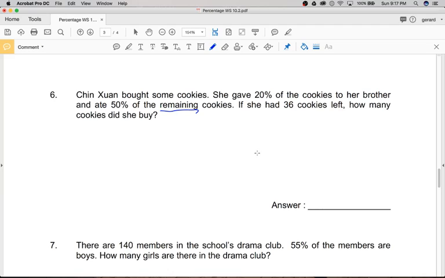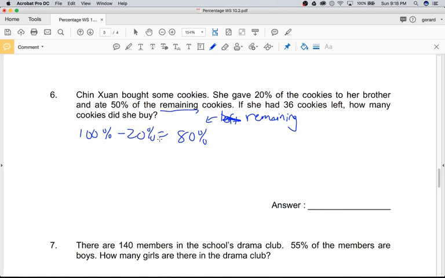So how I'm going to approach this question, I'm going to do it without a model. You've got to follow me closely. First she gave 20% to her brother. So how much is left? 100% minus 20%, which is 80%. This is the remaining.